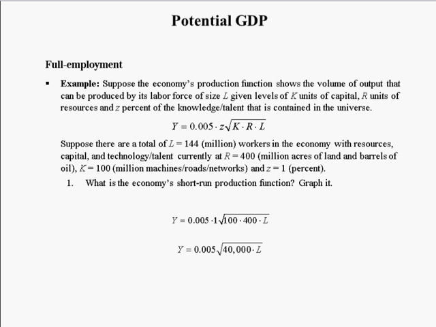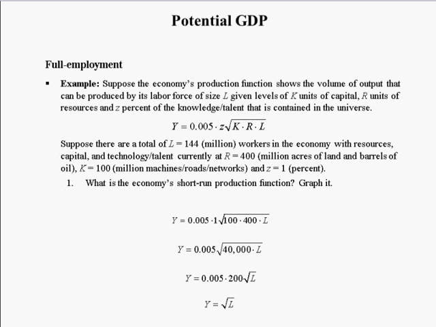Okay, so we plug the numbers in and we simplify, and we continue to simplify, and we get a very simple production function. I call this the short-run production function. This up here is the long-run production function because the variables that are long-run are free. Down here, this is the short-run production function because we're in the short run, which means Z, K, and R are no longer free.